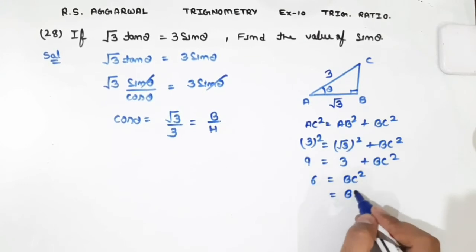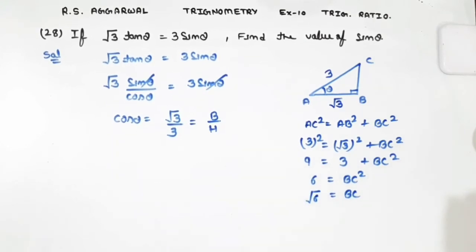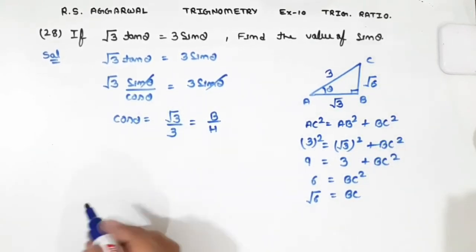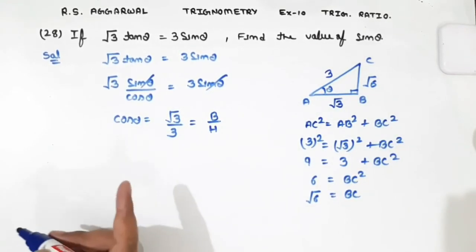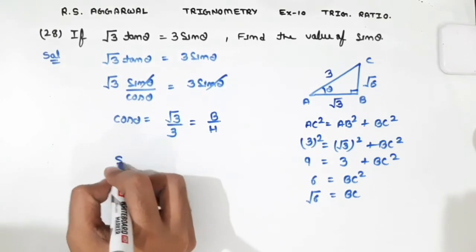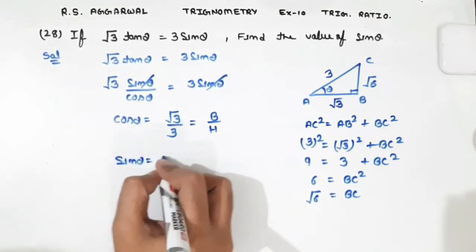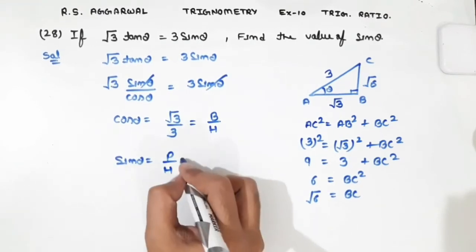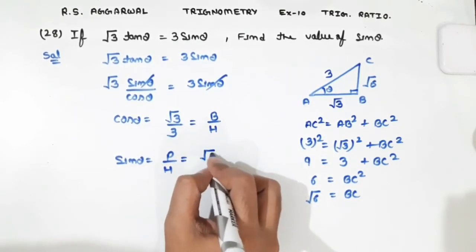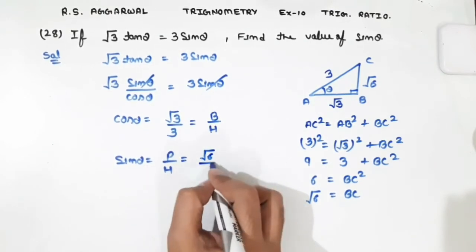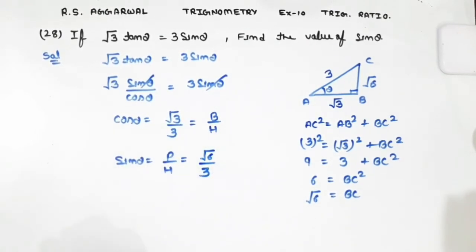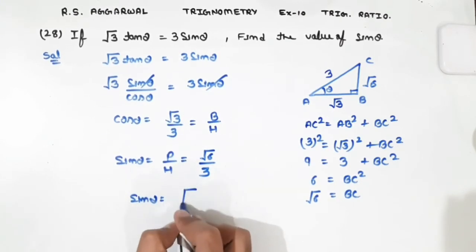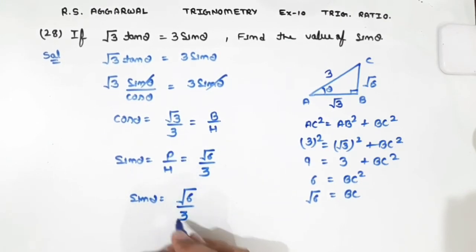So BC will be under root 6. So now in right angle triangle ABC, sin theta will be equals to perpendicular upon hypotenuse. So our perpendicular is under root 6 and hypotenuse is 3. So sin theta is under root 6 upon 3.